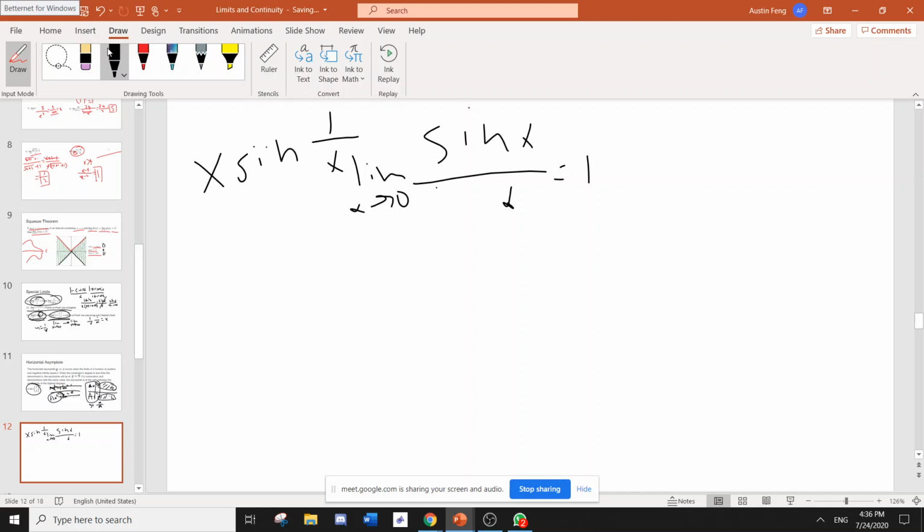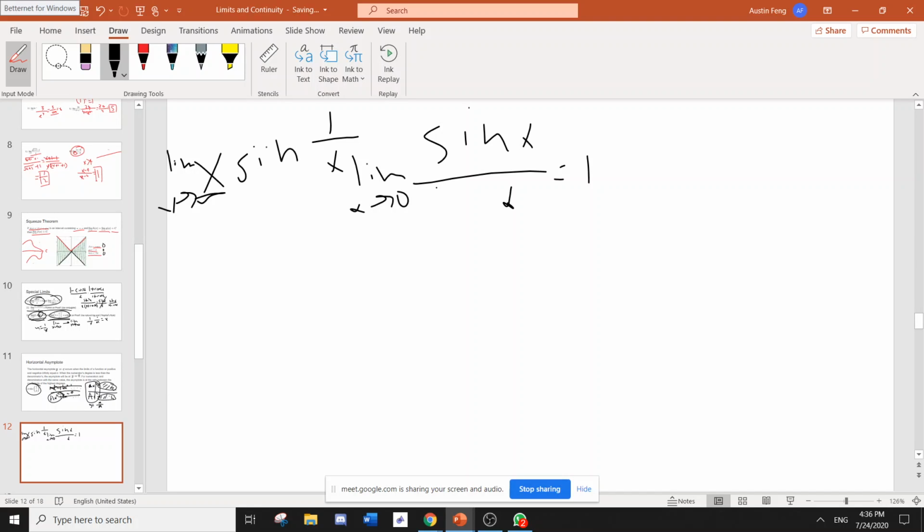Now, this looks kind of similar because they have sine of x and they involve 1 over x somehow. So we're trying to relate these two expressions together. And this is x goes to infinity, because we're trying to find if there's a horizontal asymptote or not.